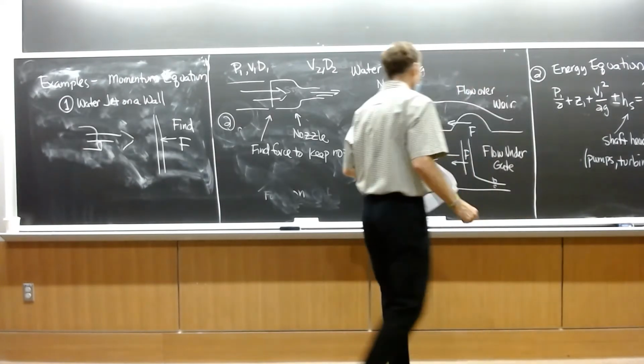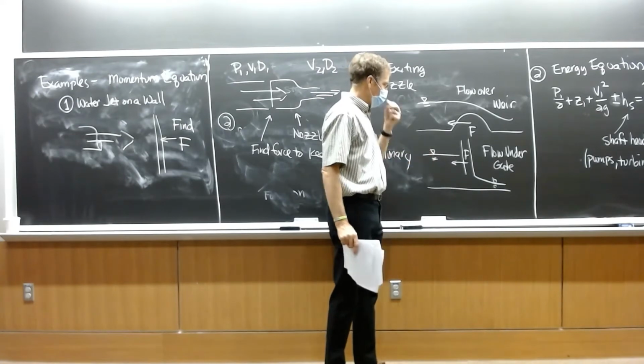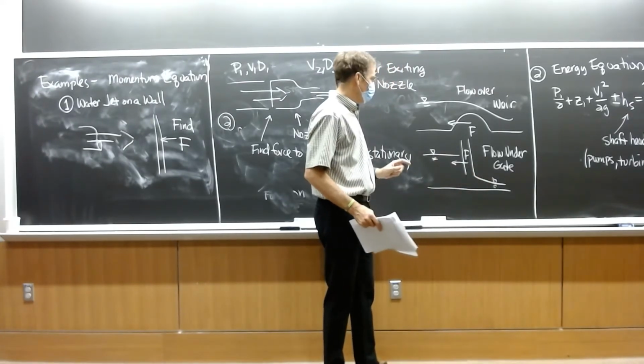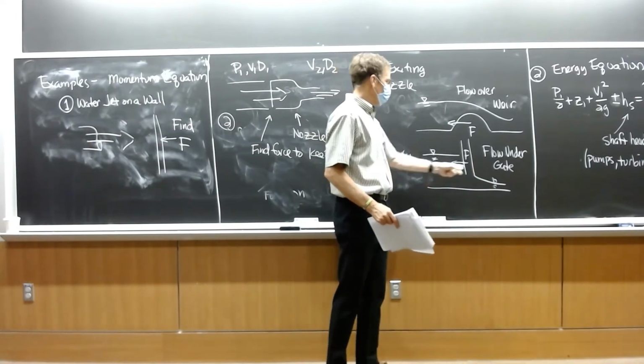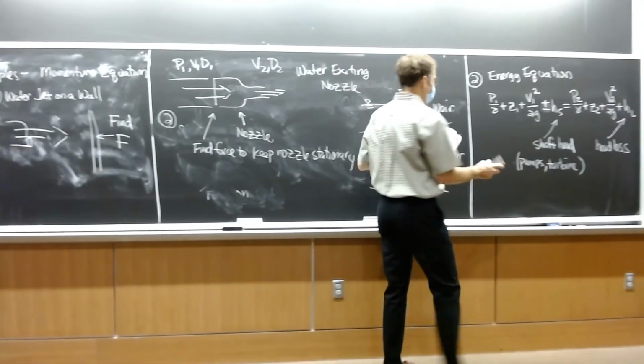Flow under a gate. Water backs up behind the gate, comes out at a higher velocity. If you look at the control volume, this gate will put a force on the control volume.